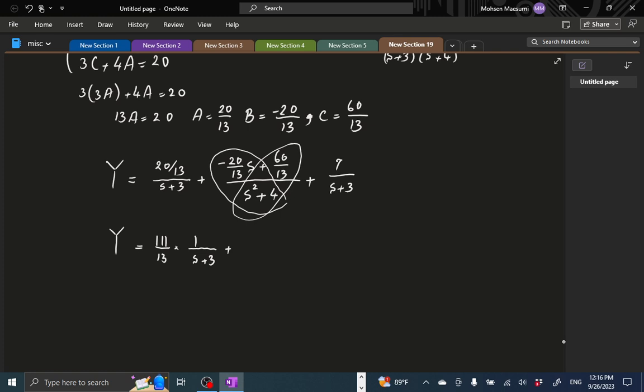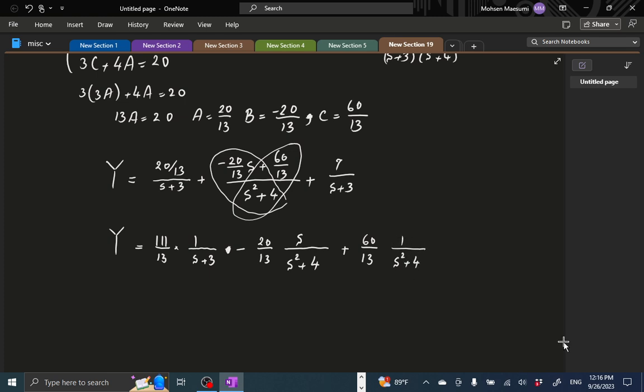The first one, let me write it. So it is minus 20 over 13 times s over s squared plus 4. Is that right? This shows up in our table. That's just cosine of 2t. How about the other one? I think about it as writing 60 over 13 times 1 over s squared plus 4.